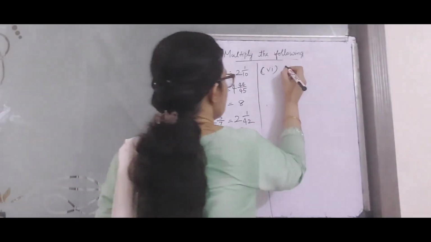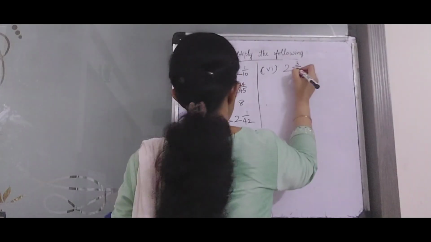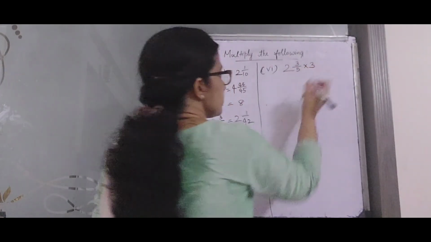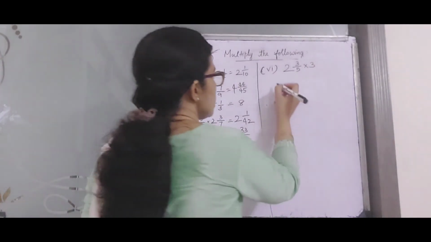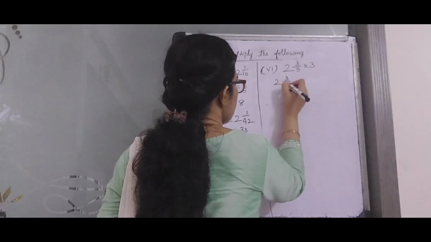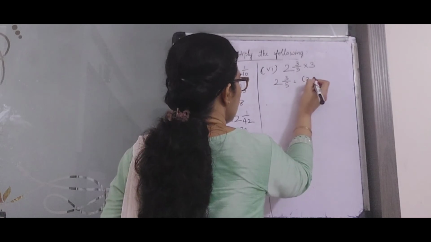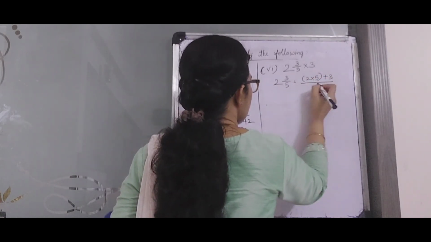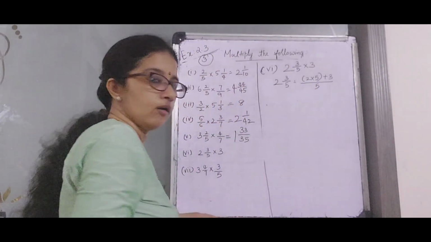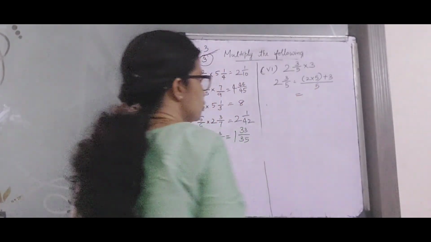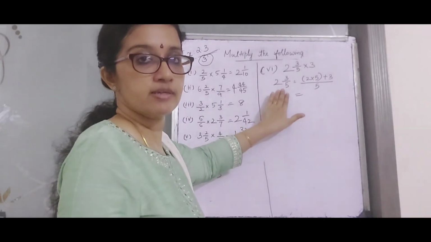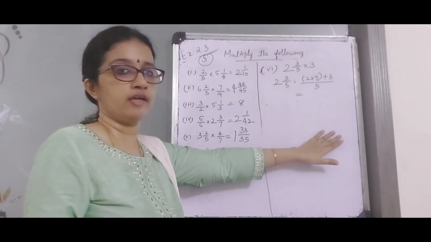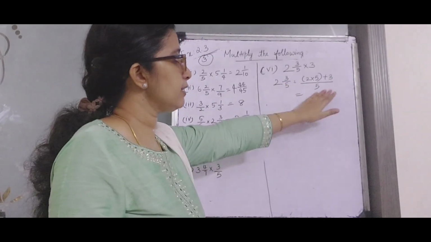Sixth question is 2 3 by 5 into 3. Okay. So this 2 3 by 5 can be written as 2 into 5 plus 3 divided by 5. Okay. By this time you should be thorough with how to convert a mixed fraction into an improper fraction. I am just telling you the method.